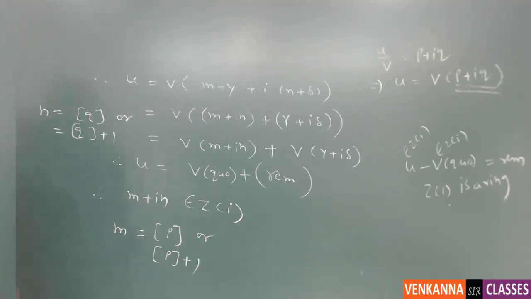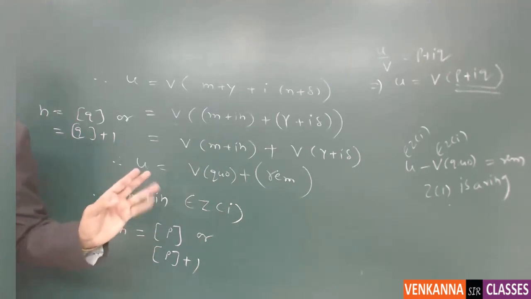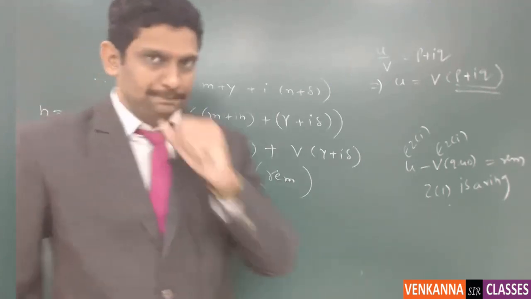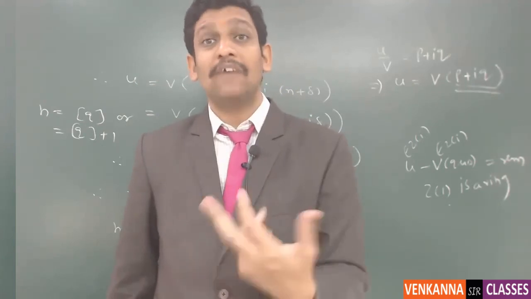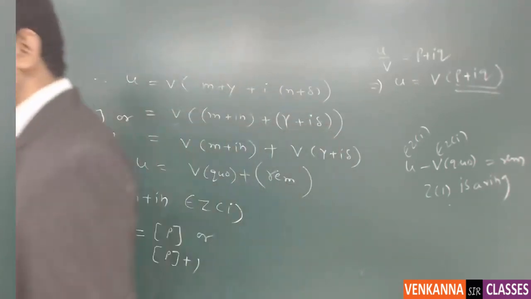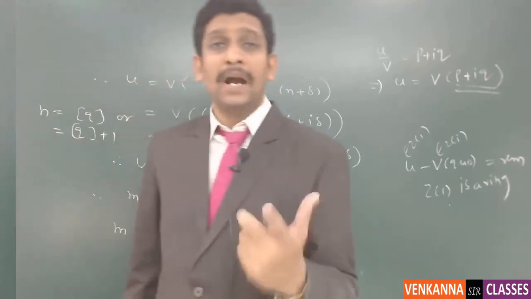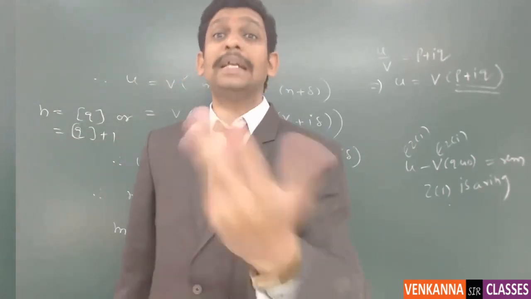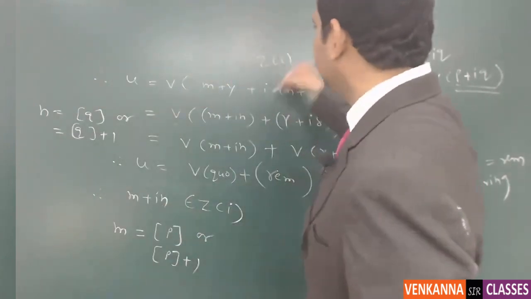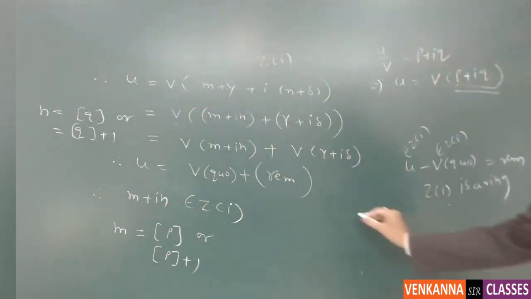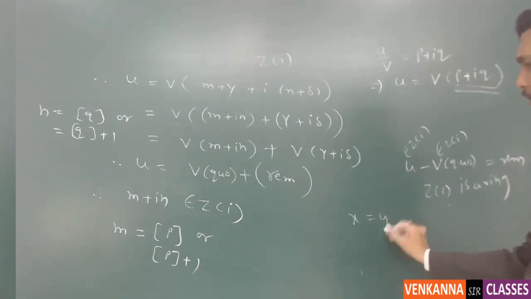Because the point here is that alpha and delta are nothing but the fractional parts. If you write gamma and delta, they will become the integer parts. Because in Z of i, if you are applying the division algorithm, you are going to write x is equal to y into something plus something.